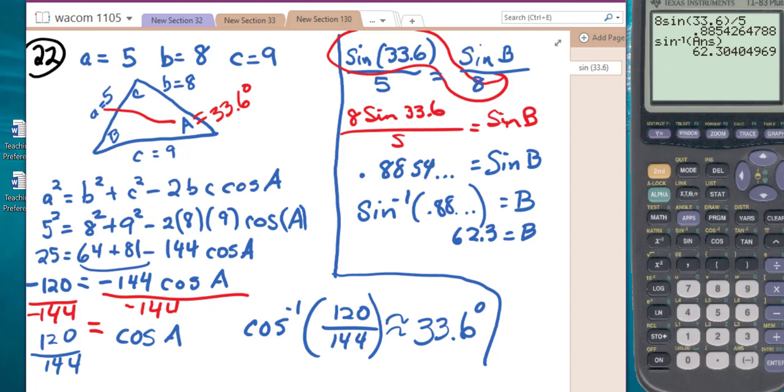I did sine 33.6, that's my pair, 8 times sine 33.6 divided by 5 equals the sine of B, and sine inverse of that answer, 62.3.